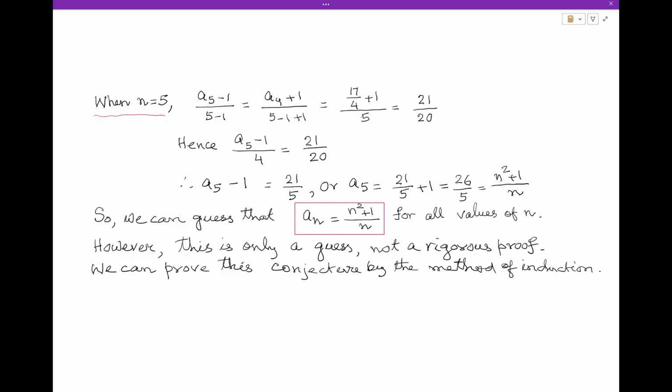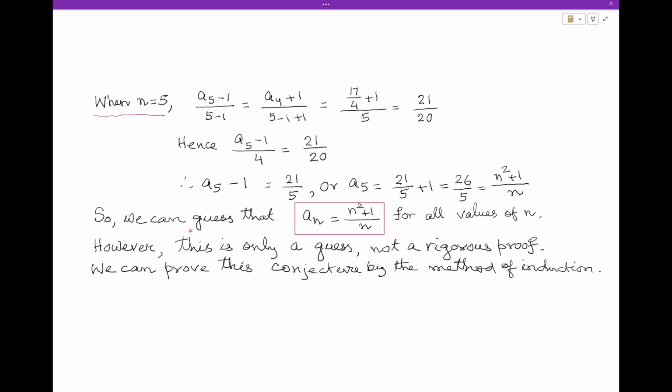And therefore, (a subscript 5 minus 1) divided by 4 is 21 divided by 20. That yields the value of a5 as 26 by 5, which is again (n squared plus 1) divided by n when n is equal to 5.